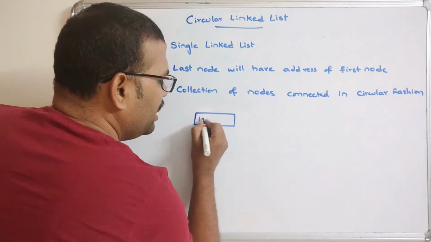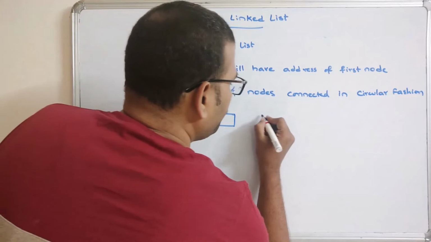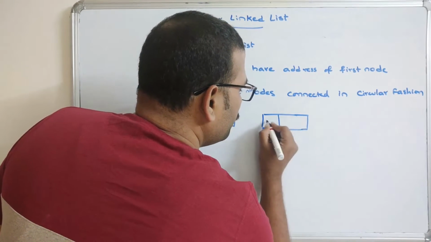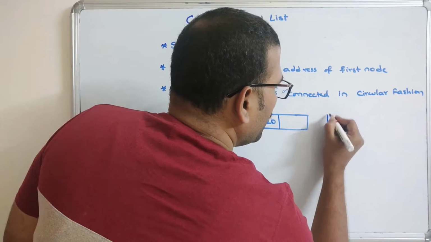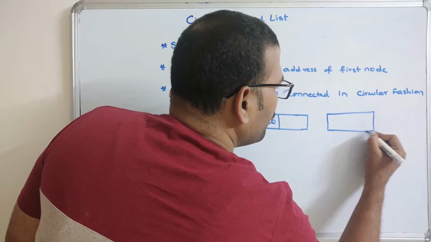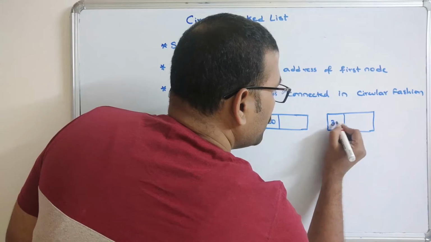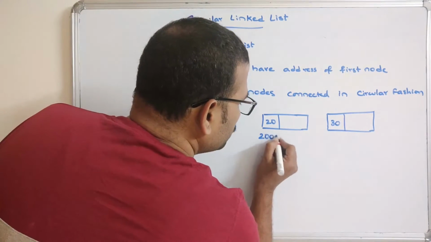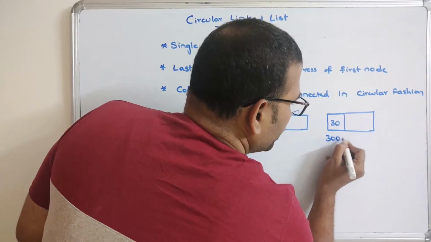One is the data. I'll take 10. I'll take another node with a value 20. I'll take another node with a value of 30. The address of this one is 1000, it is 2000, and it's 3000.